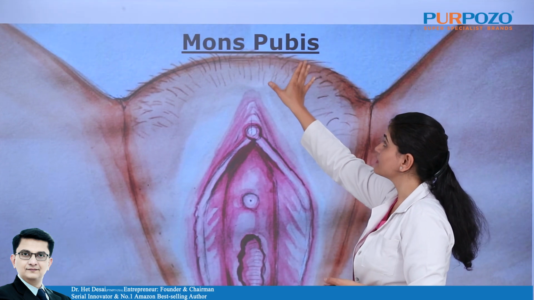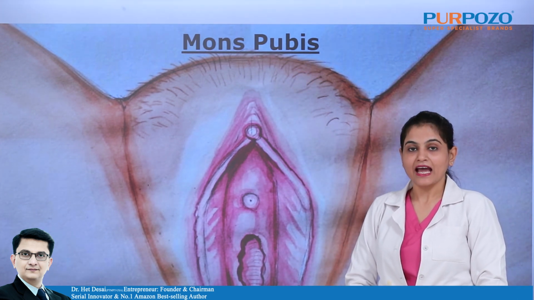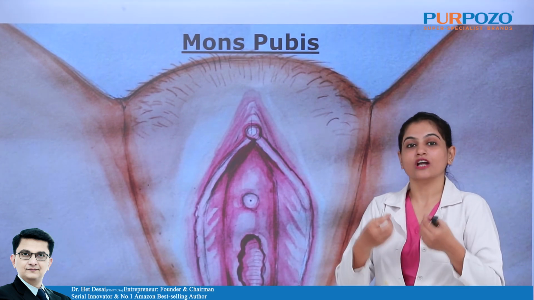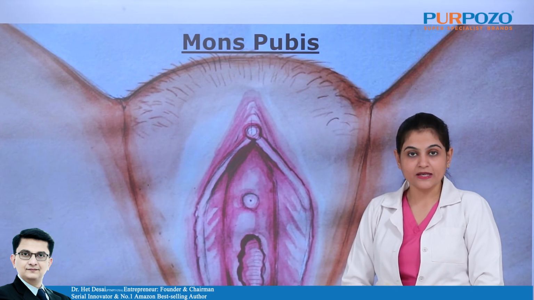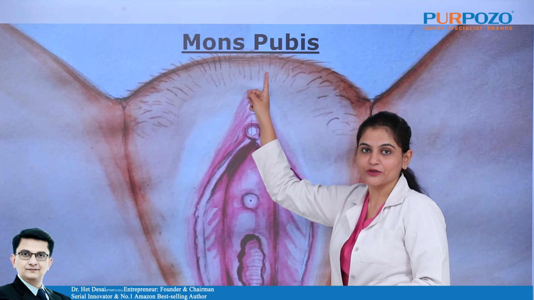Mons Pubis is located just beneath your lower tummy, where your outer lips start. The part between your lower tummy and your outer lips is your Mons Pubis.